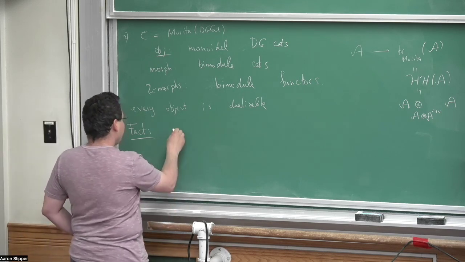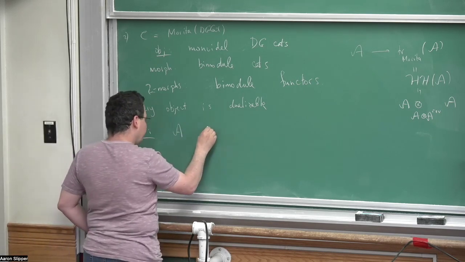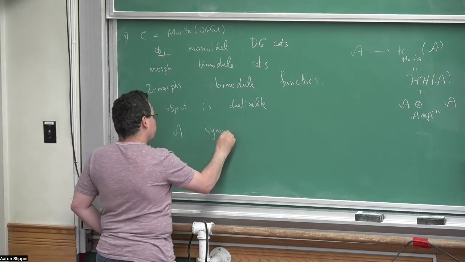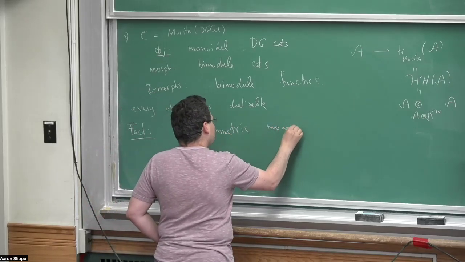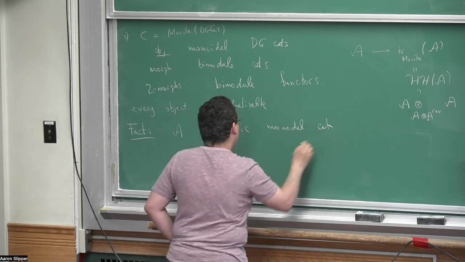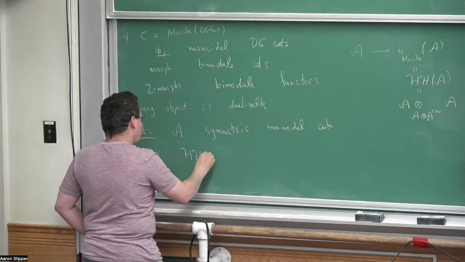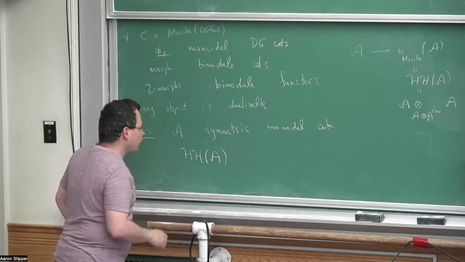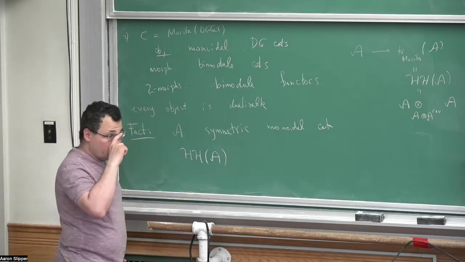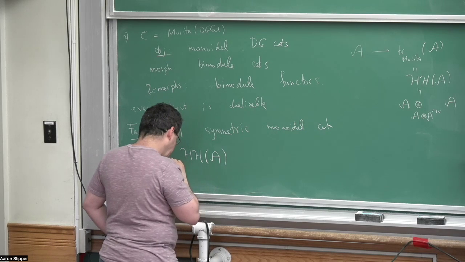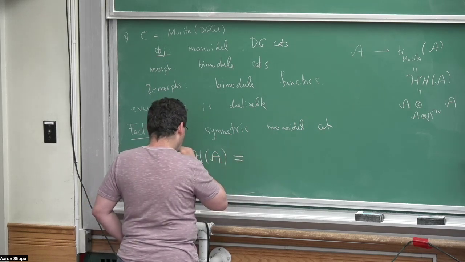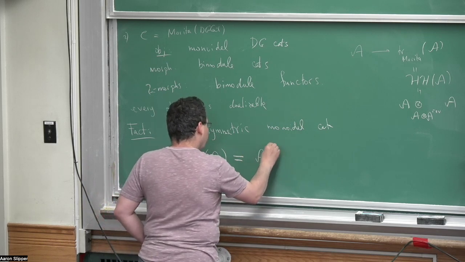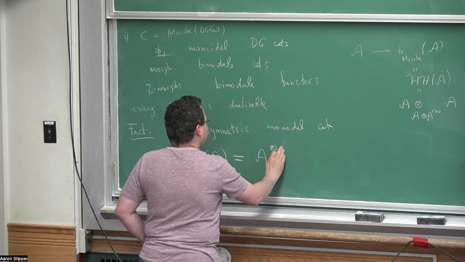And so the fact is that if A is a symmetric monoidal category, this Hochschild homology of A, for instance, is what we previously called A tensor S1.